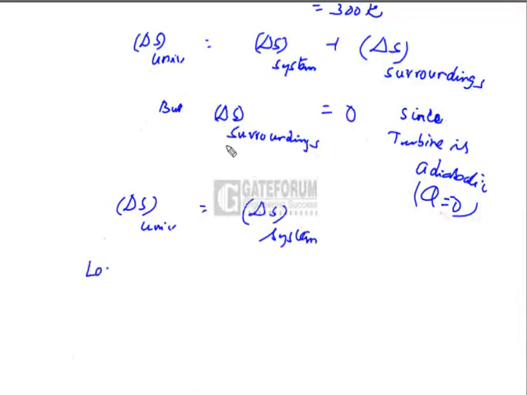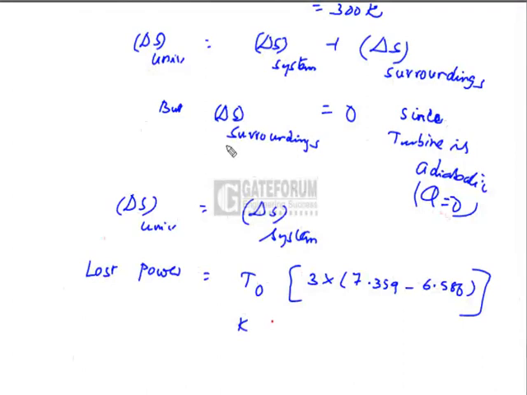Therefore, lost power is equal to T naught into 3 into (7.359 minus 6.586), that is the entropy generated within the system per second. The units are Kelvin into kilojoule per second Kelvin.